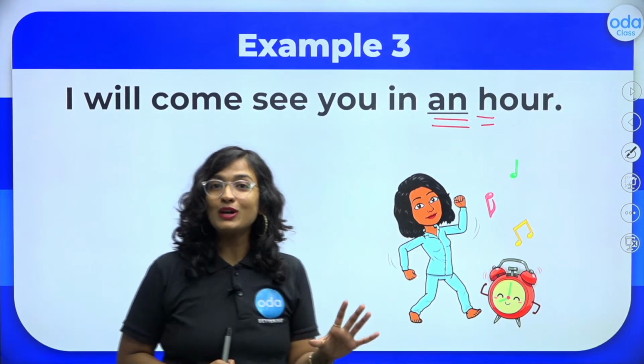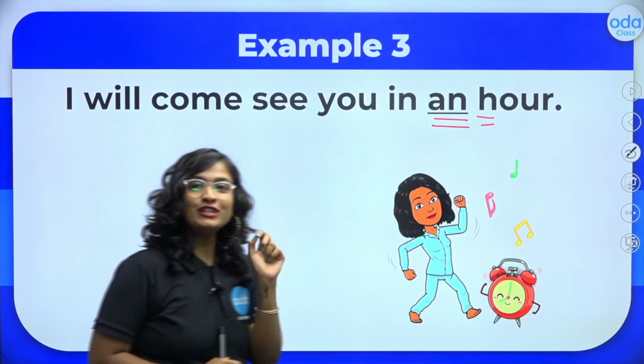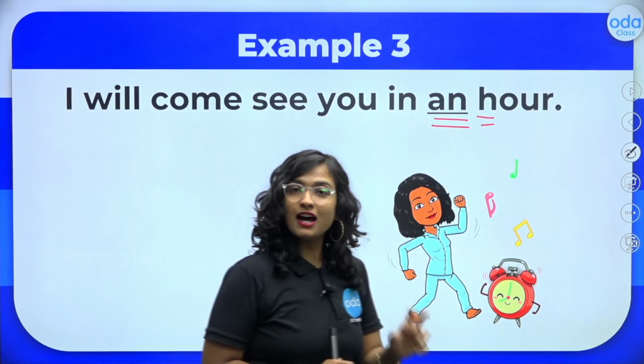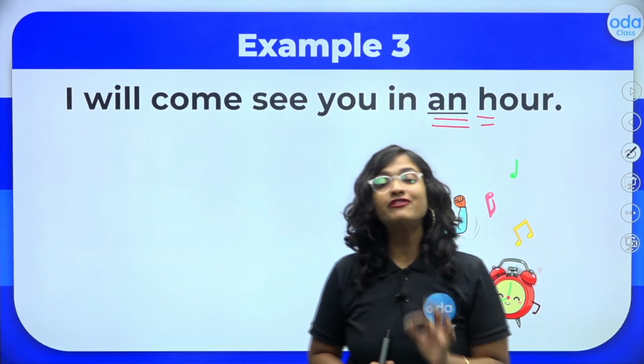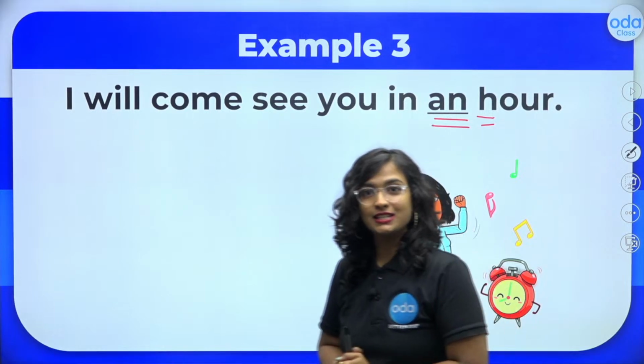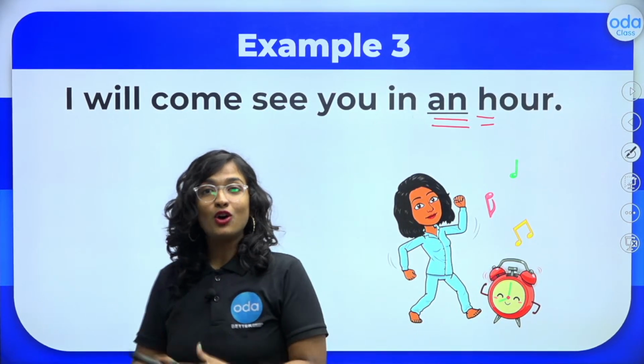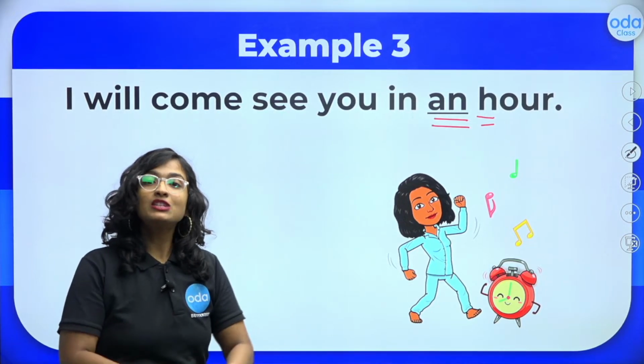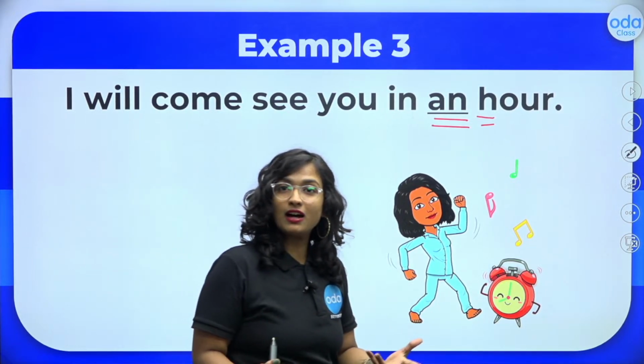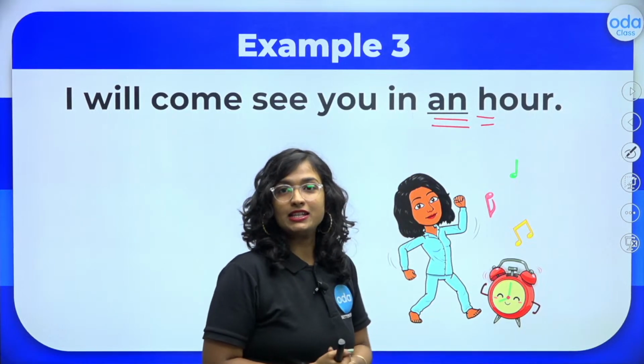Okay, let me repeat once again. Like I said, we determine which indefinite article to use based on the first sound after the article. This word hour, although it starts with a consonant letter, it starts with a vowel sound, which is ow. So that's why we use an here.